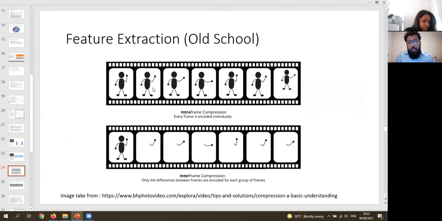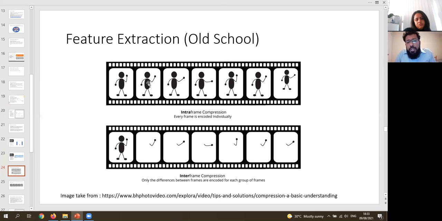When we talk about feature extraction, we are taking the old school approach. Let's look at the sequence of pictures at the top. Everything digital which you see is moving pictures. I have this first picture and the second picture.